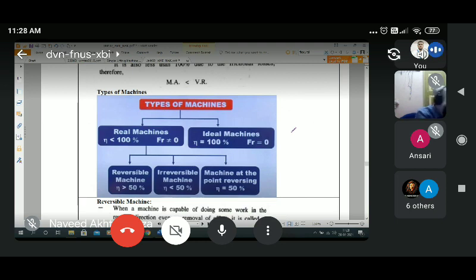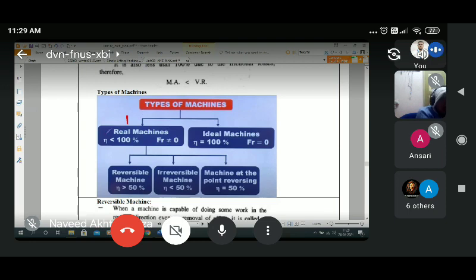So in general, when we say the machines are divided into two types, the first one is the real machine, and the efficiency of a real machine is always less than 100%.